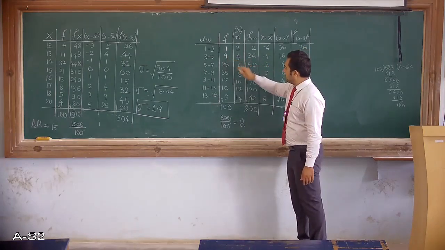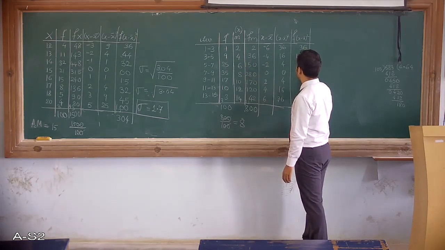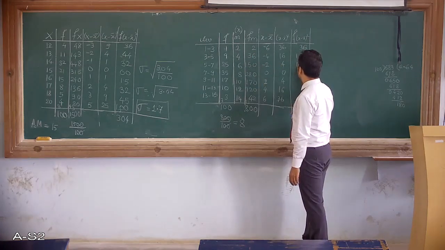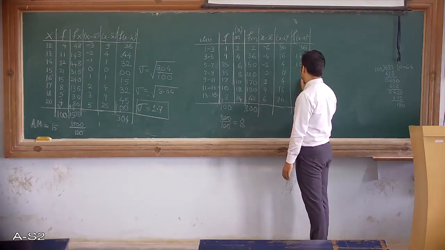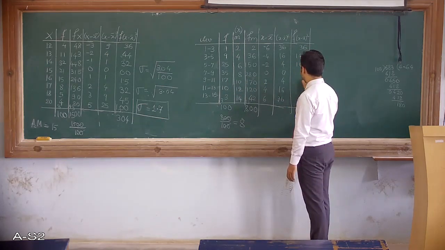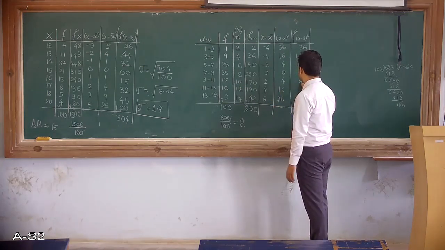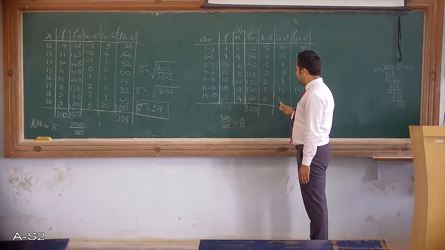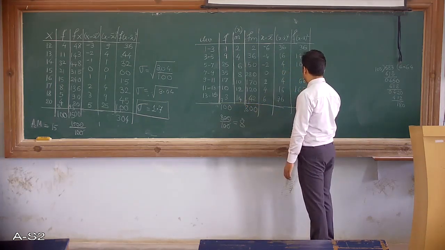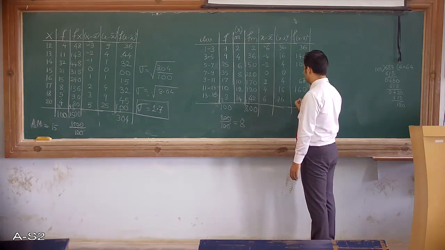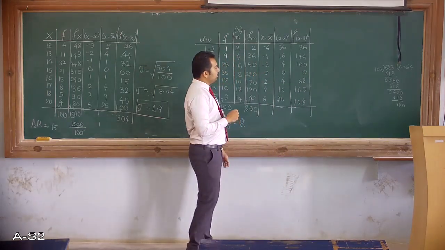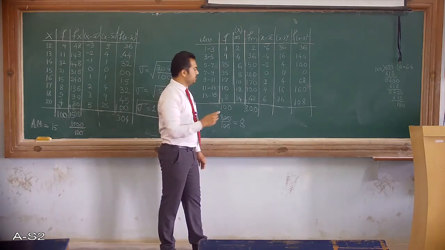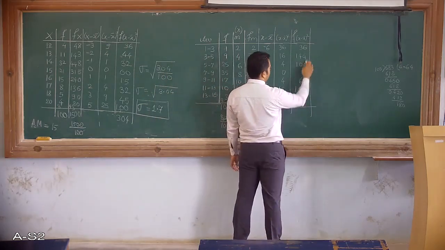This 16, then this 4 into 25, then 0, then this 4 into 17, then this 16 into 10, and then lastly this 36 into 3. So we are done with multiplying all the frequencies with their squared deviations. Now let me calculate the sum of all these.